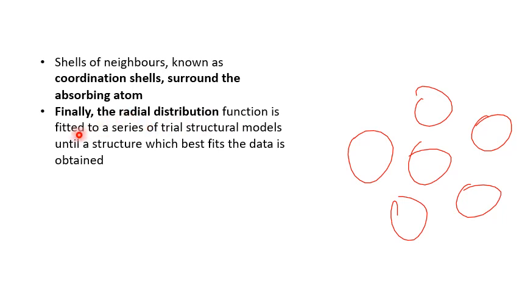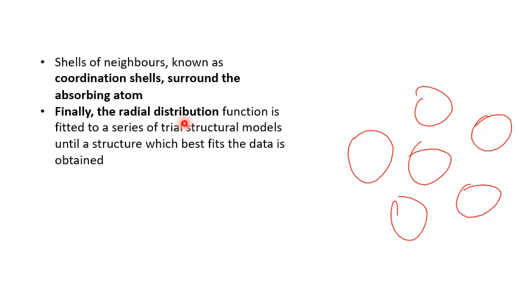When it is obtained, it is fitted to a series of trial structure models, which are available in the literature, until a structure which best fits the data is obtained.